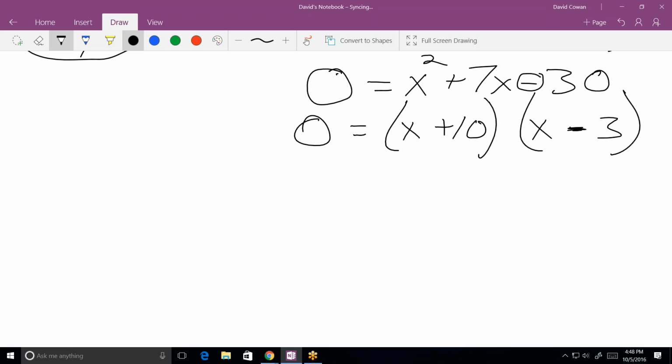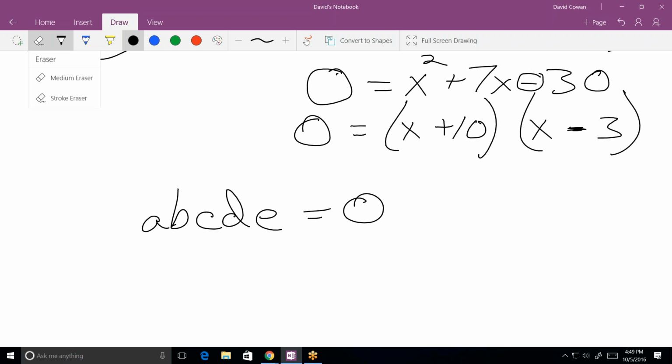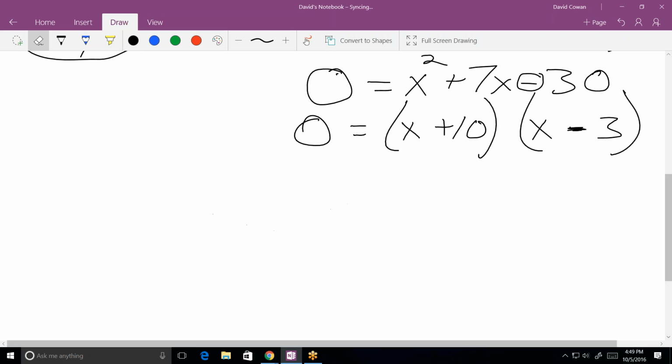If I tell you that A times B times C times D times E equals 0, there's only one way that can be true. One of these is 0. So that's the approach you take, is start setting these to be 0.